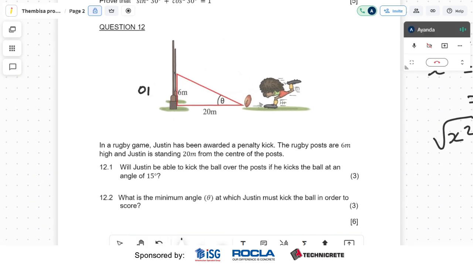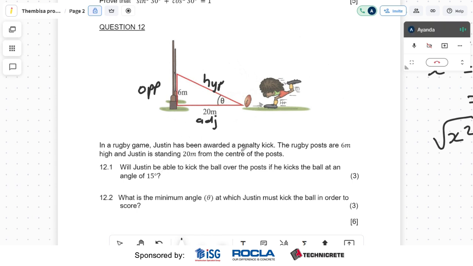The 6 meters is opposite, 20 meters is adjacent, and this is our hypotenuse. Will Justin be able to kick over the post if he kicks at an angle of 15 degrees?